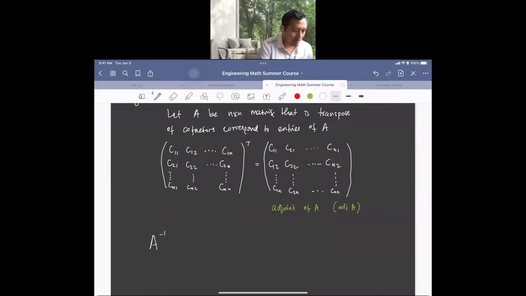So the inverse of matrix A. Let A be an n by n matrix, so row and column counts should be equal. And if determinant A is not 0, then A inverse we can define as 1 over determinant A multiplied with the adjoint of A.